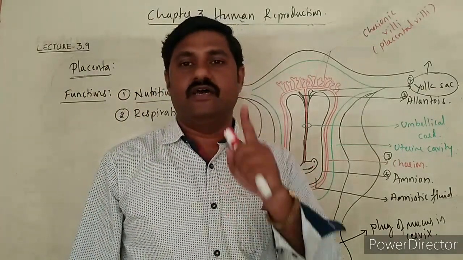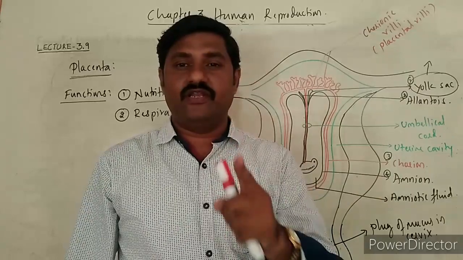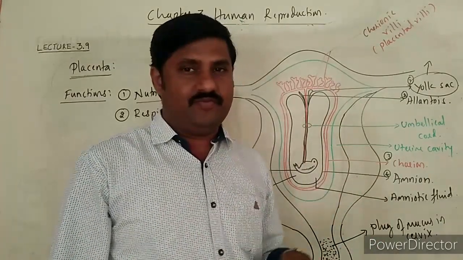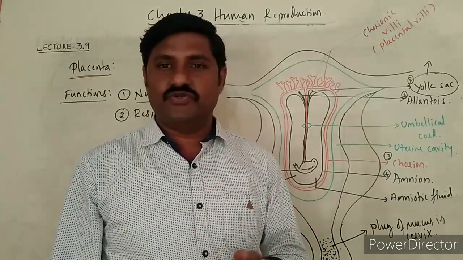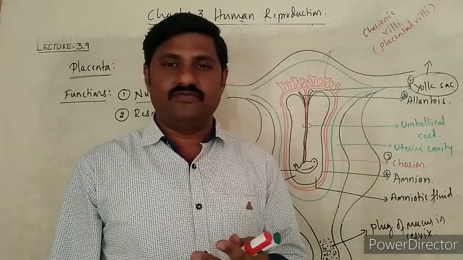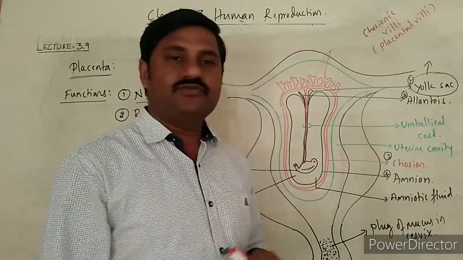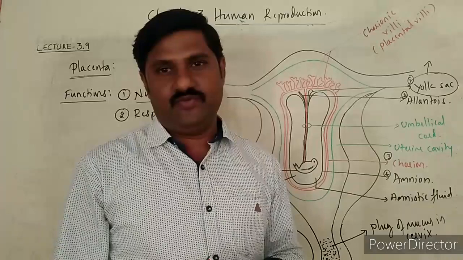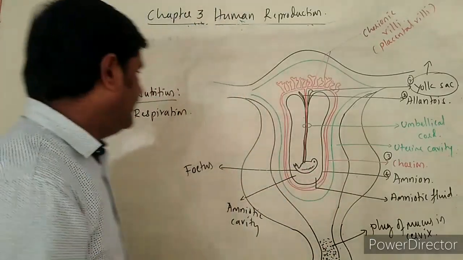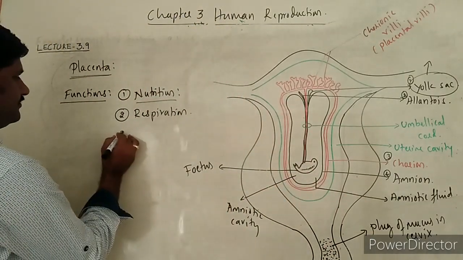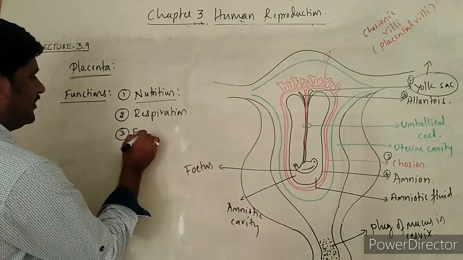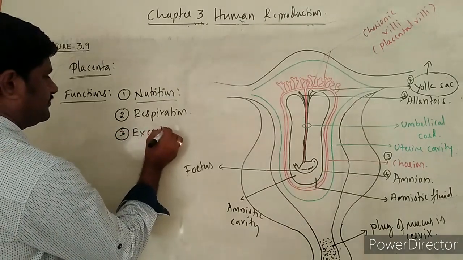Hence the placenta acts as the respiratory organ in case of the developing embryo. Why? Because there is no source of oxygen for the developing embryo itself, right? That's why it helps in respiration, and it also helps in excretion.